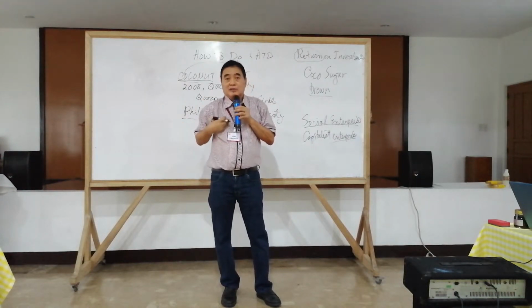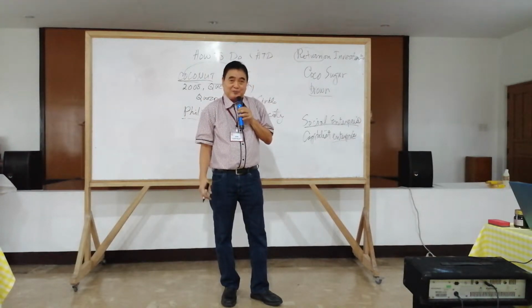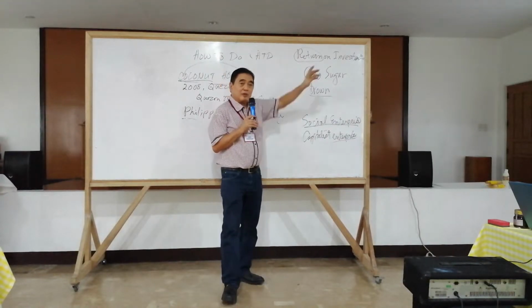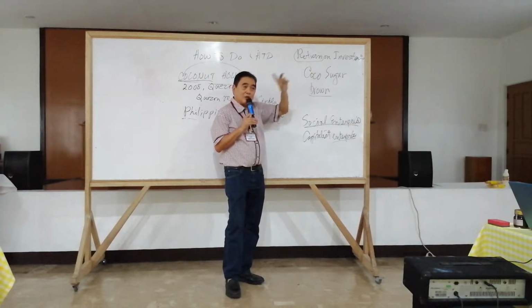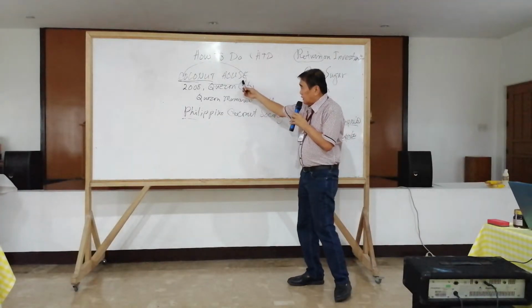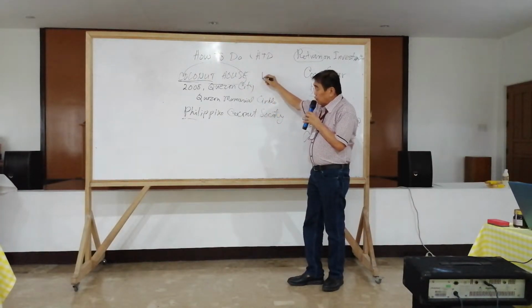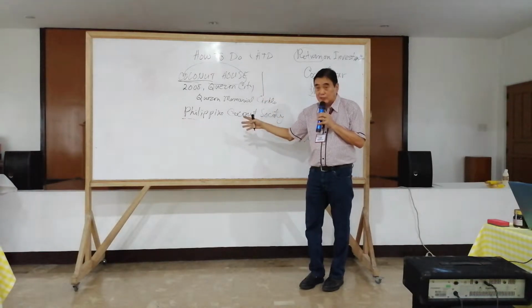And third, psychic income. If you just have a pecuniary income, pero failure ka doon sa dalawa, by our definition, it's not income. So that's the coconut house that we built as a model.